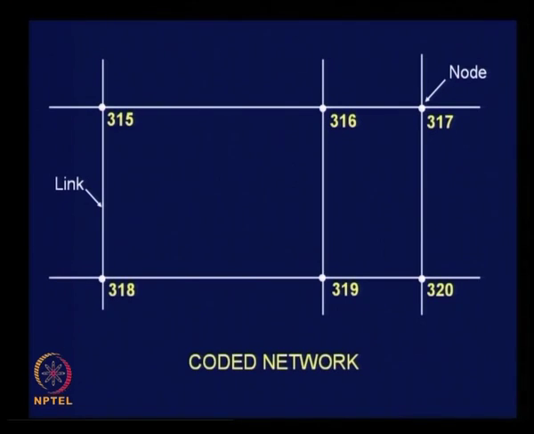When you say 315, give 315 as input, that represents a particular node in a particular location. You are not going to give 315 for any other intersection, clear. And when you say link 315 316, that is going to indicate only that particular stretch of road, no other road, isn't it.